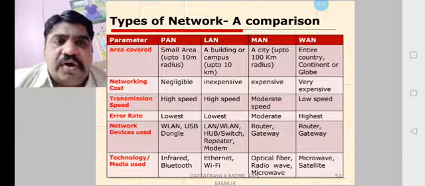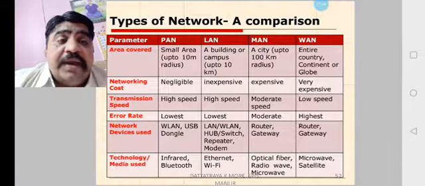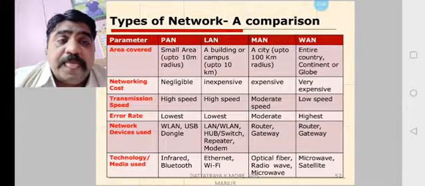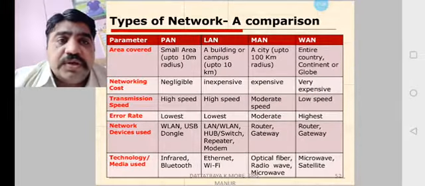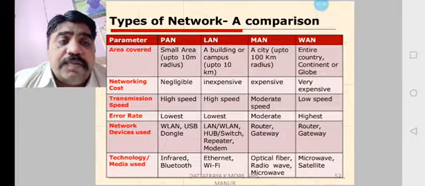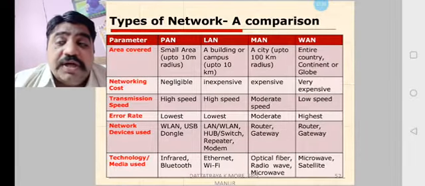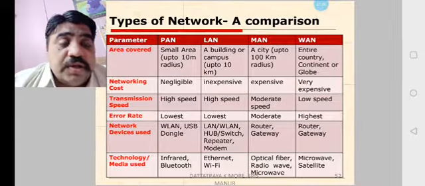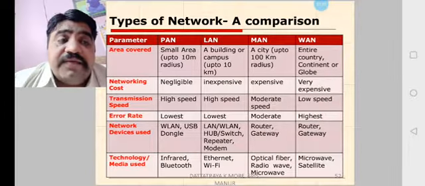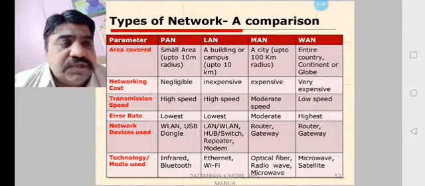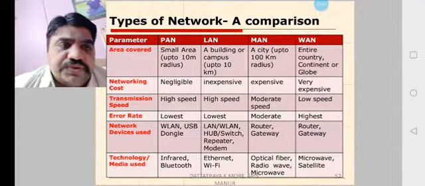Network devices used for these networks. In PAN, WLAN and USB dongle can be used. In LAN or WLAN, hub or switch, repeater and modem can be used. In MAN, router and gateway can be used. In WAN also, router and gateway are used.